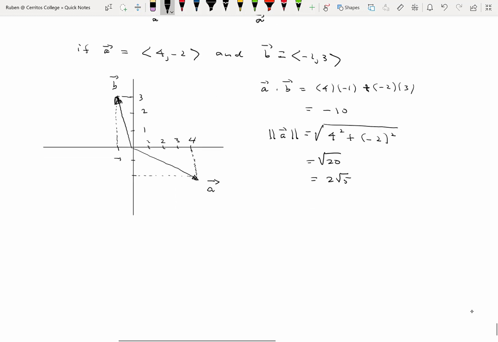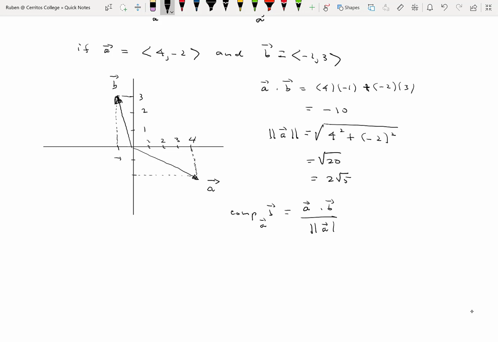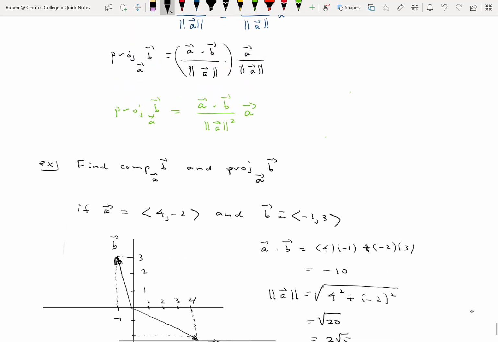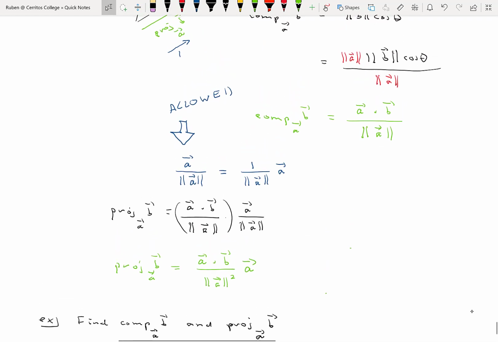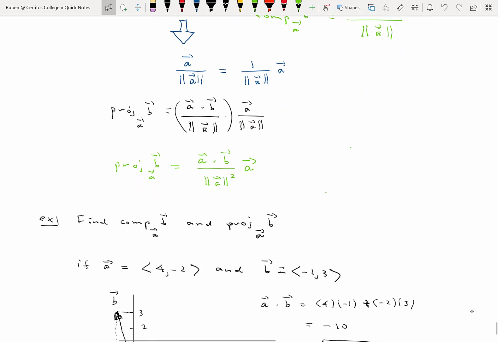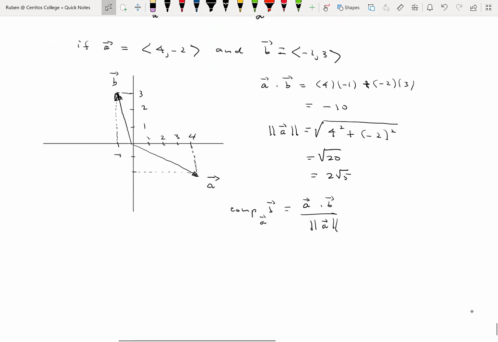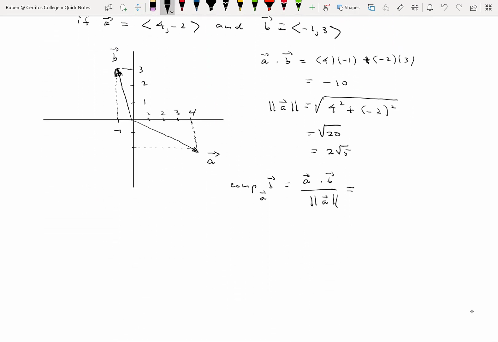So the first quantity, the component of B in the direction of A, the formula we developed was A dot B over the length of A. Mind you, A dot B in green on the upper right, over the length of A. Okay, well, A dot B we've just figured out is -10.